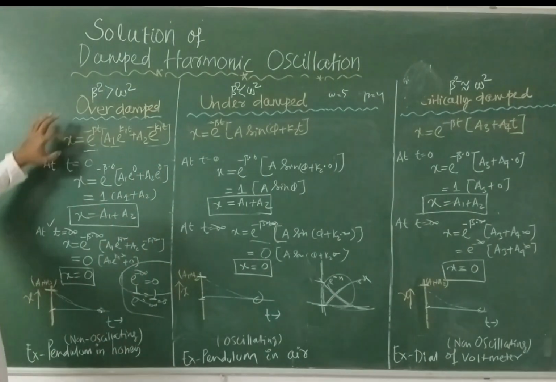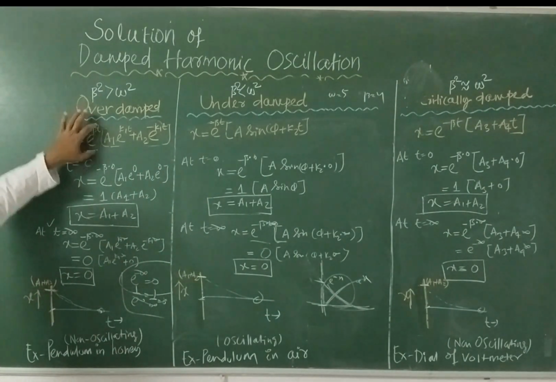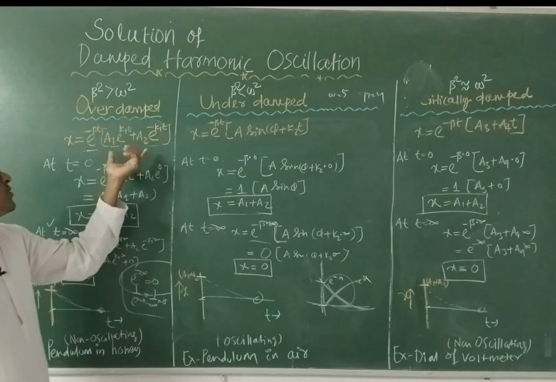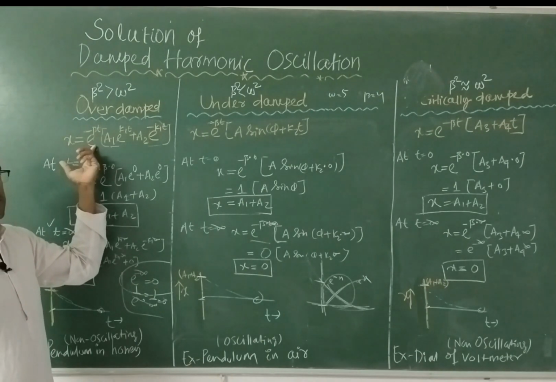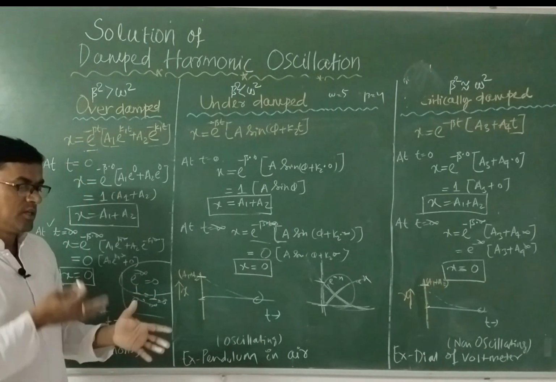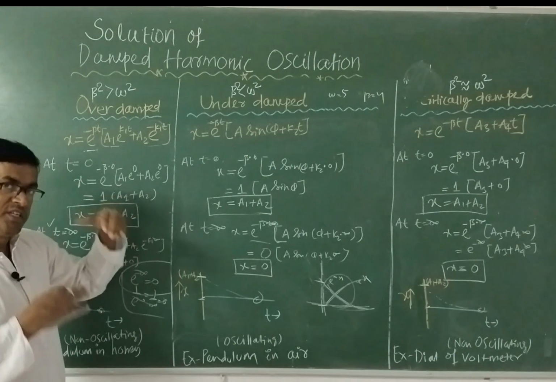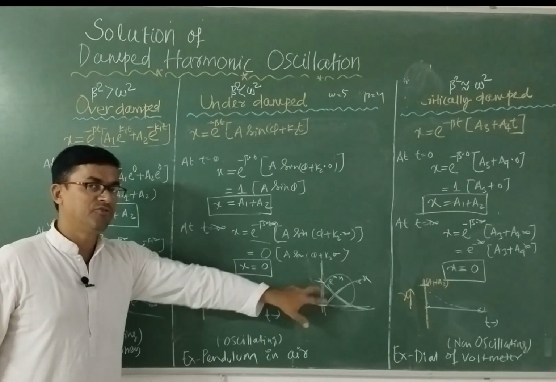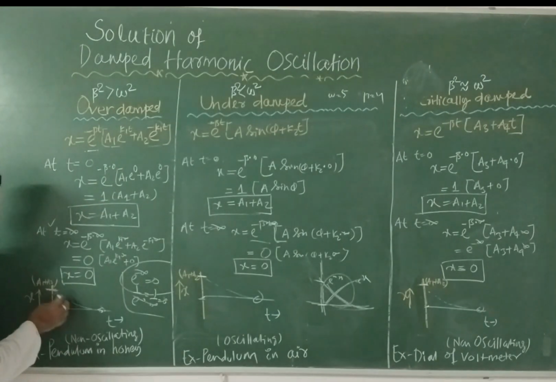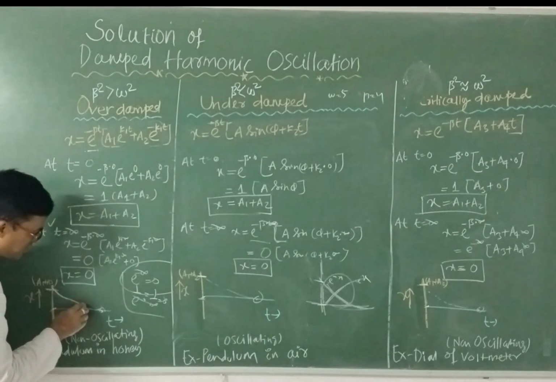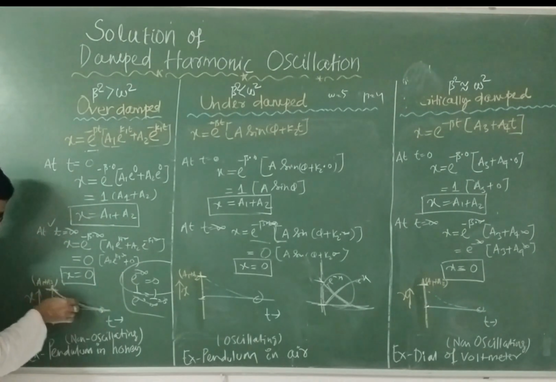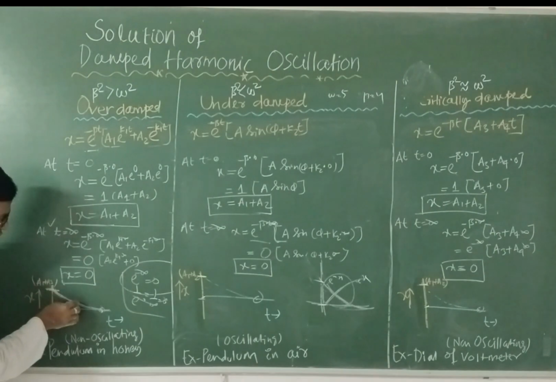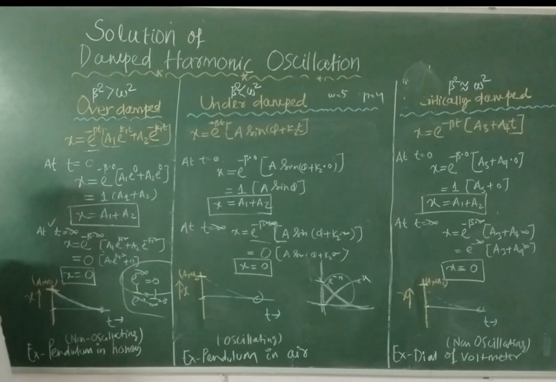That means when it is decreasing, it is fine, but it won't decrease fast because some positive value is being added with it. Therefore, its decrease will be slow. It will decrease slowly, from a1 plus a2, and it will come like this.